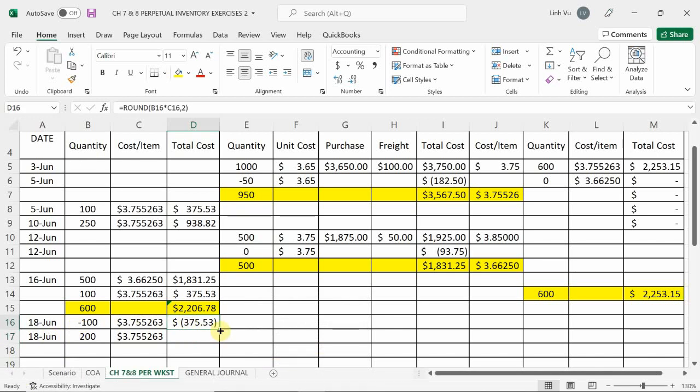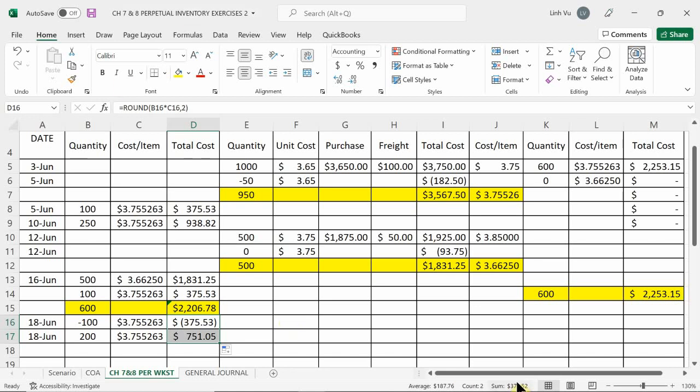Times 200. 751.01. Good, 751. You say 01? Yeah, I don't know why I did that. I was rounding, but there was no need to. It's okay. Well, I got 751.05. Yeah, that's the correct answer.